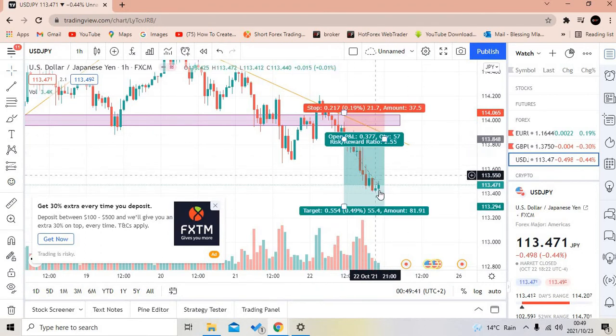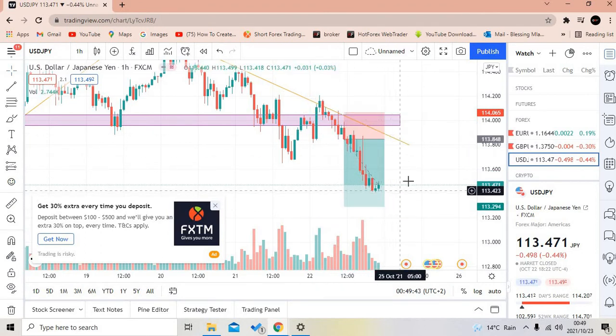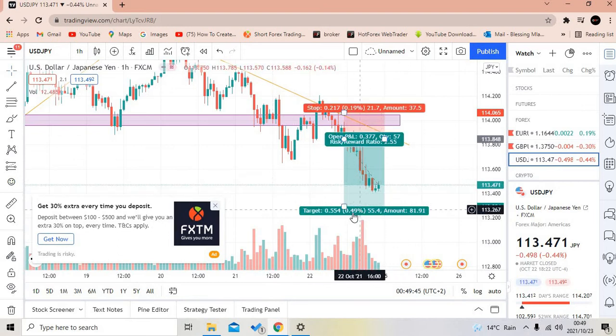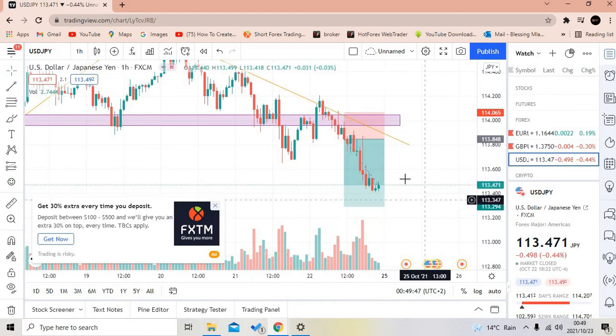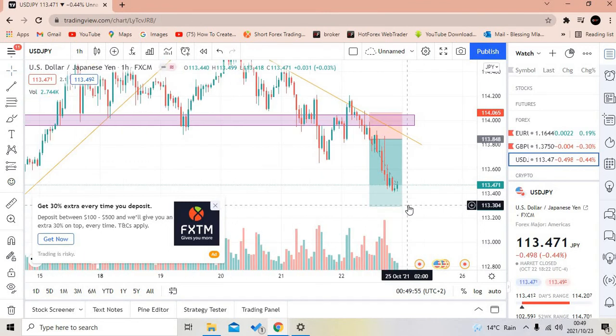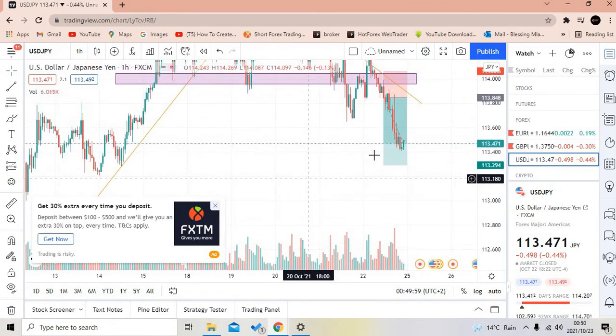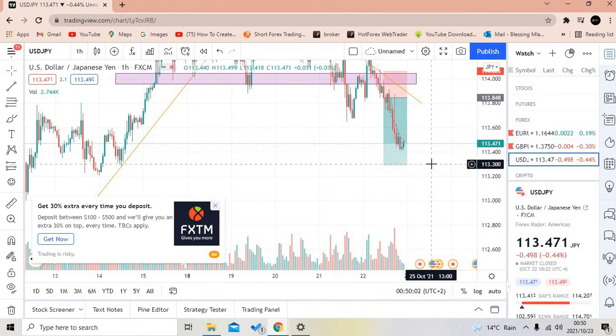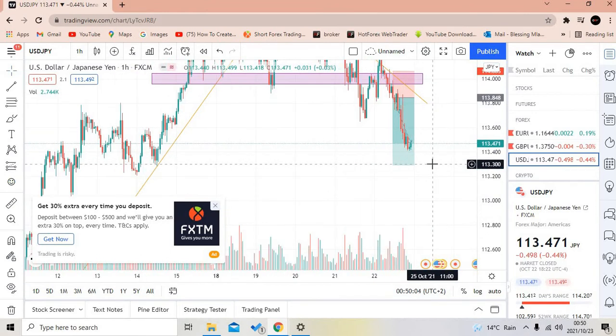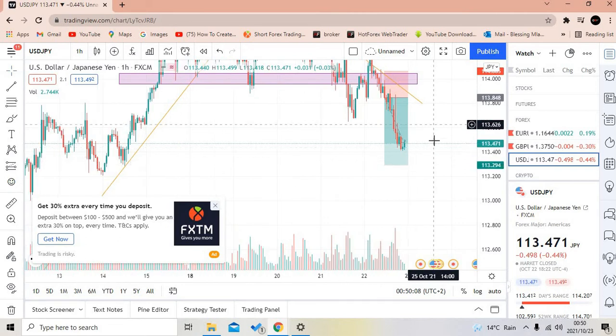As you can see, guys, we were able to make some profits. The market is about to reach our stop loss, but the market is closed by now. Hopefully when the market opens Monday, I'm going to close all the positions I have, because I don't want to risk everything. We put our take profit just at the previous low we can see over here.